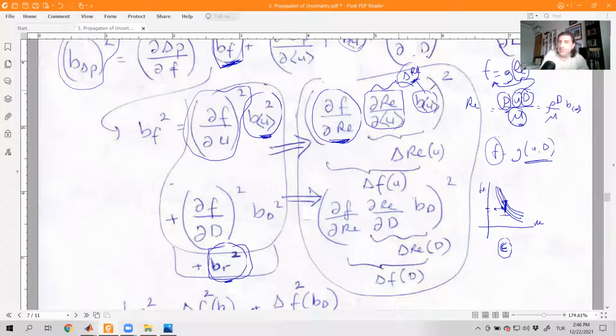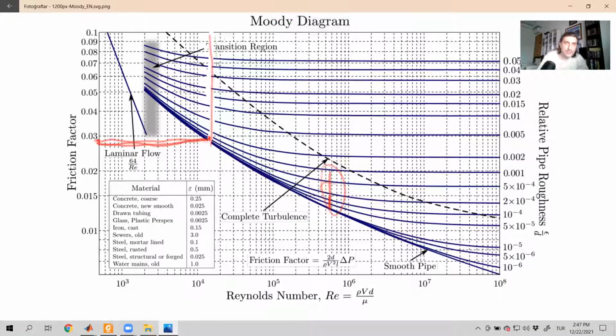So the computation is very easy because we know the bias of U, and we know that this partial derivative is equal to density times diameter over viscosity, and this is going to be the change in Reynolds number. When you multiply those, it shows how a change in Reynolds number affects the change in Fanning friction factor. Basically, it means this. I should use the cursor.